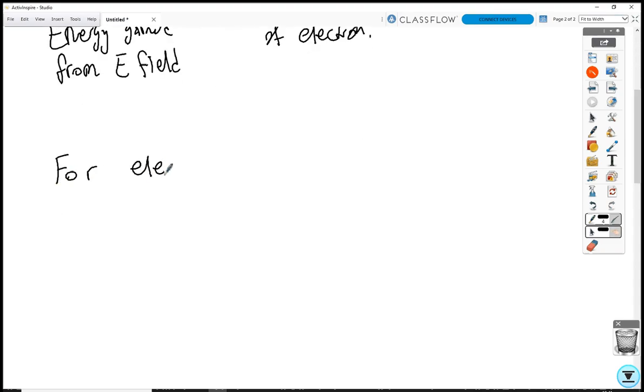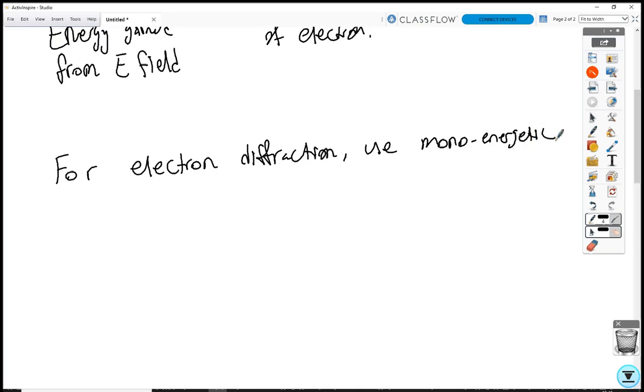So for electron diffraction, use a monoenergetic beam of electrons.